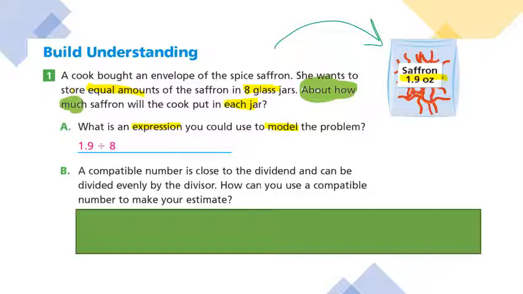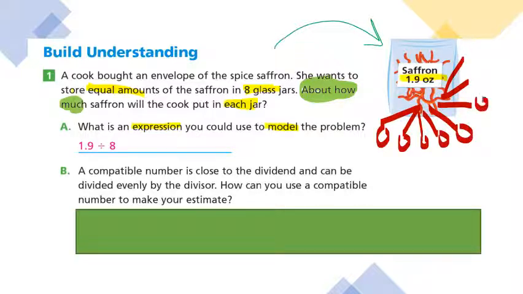I could even make a little picture in my mind. Each one of these would be a little glass jar, and I could imagine in my mind sharing it. But I need to estimate.